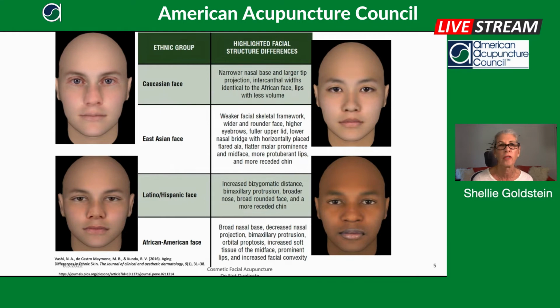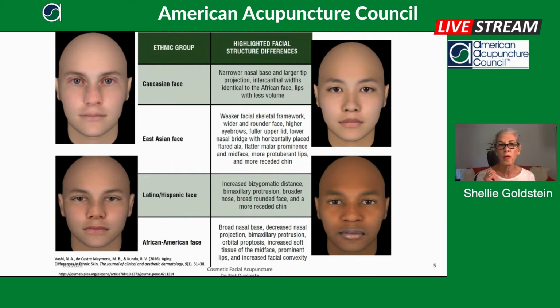So say a Caucasian face may have a narrower nasal base and a larger tip projection. The intercanthal area widens when compared to other faces. Whereas an East Asian face is going to have a somewhat weaker facial structure framework. It's a little more delicate, a little wider, a little rounder. The eyebrows are a little bit higher.